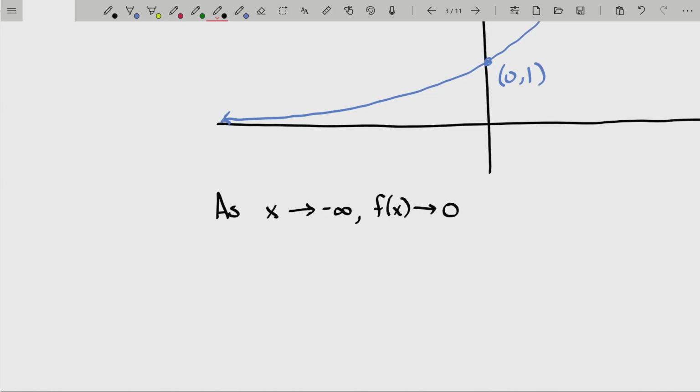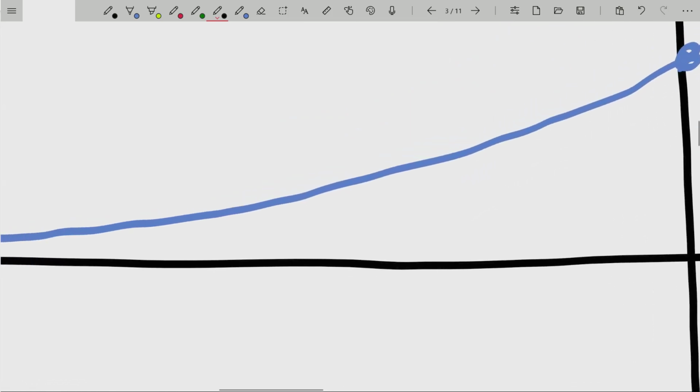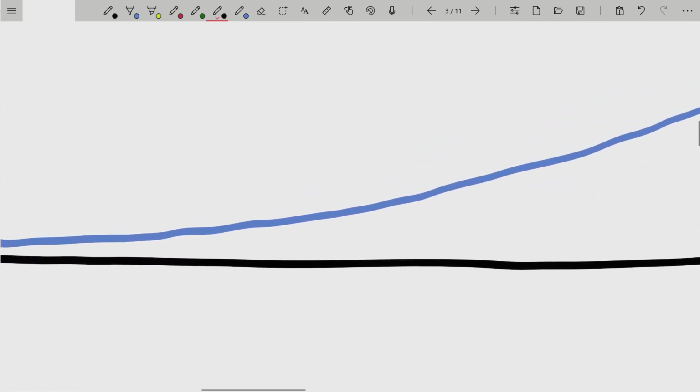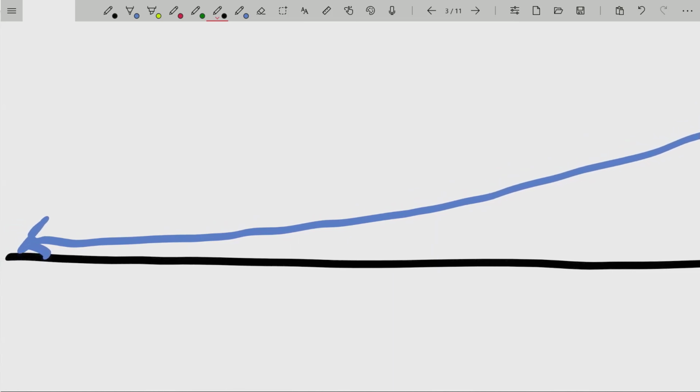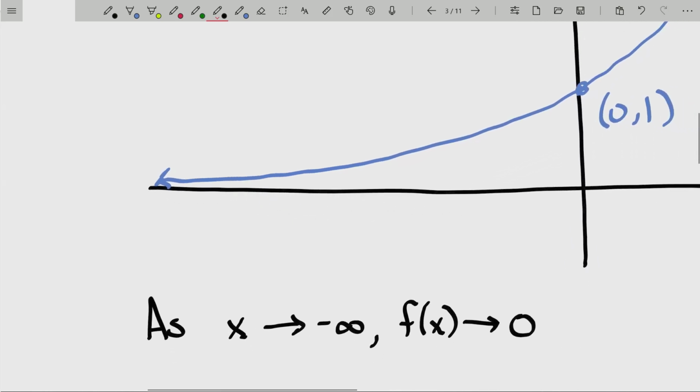It's getting really close to 0 as x moves on. I'm going to zoom in here. As you move to the left, as x is going to negative infinity, the y values, which are the function values, that's what we'd call those, they're tending to a height of 0. So that's how you would write this using calculus notation. And the end behavior is that as x goes to negative infinity, the function values tend to 0.